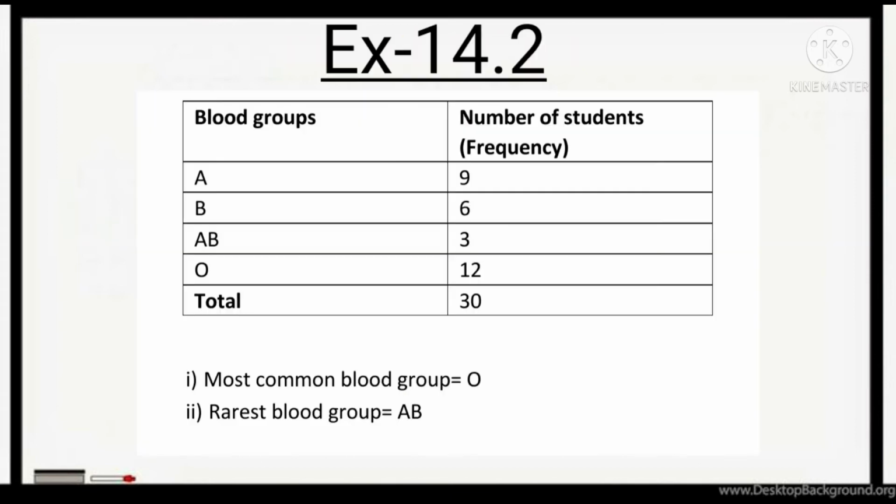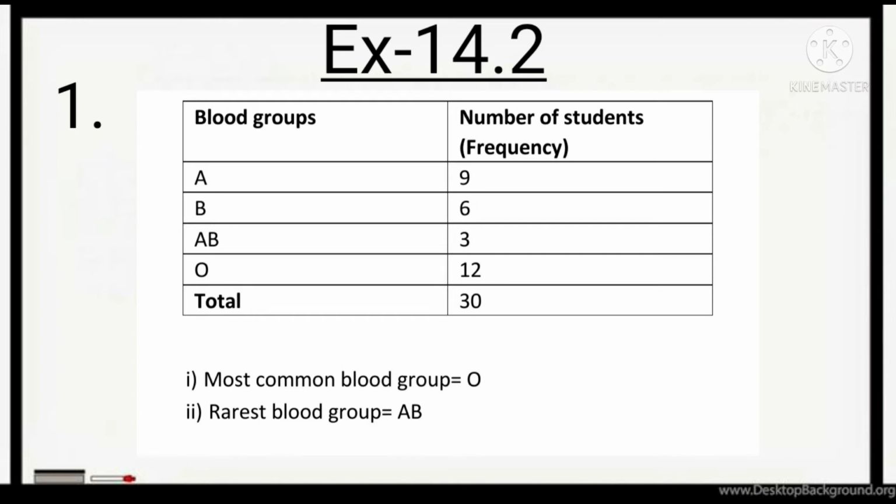In the first question it is given that there are 30 students of class 8 having different blood groups. The blood groups are given. You have to form a frequency distribution table. In column 1 I have written blood group, and the second is number of students. You have to write each blood group in each row, and then count the number of students.